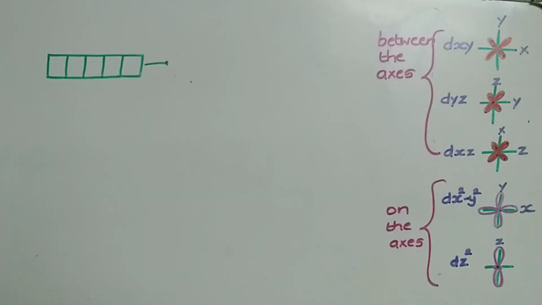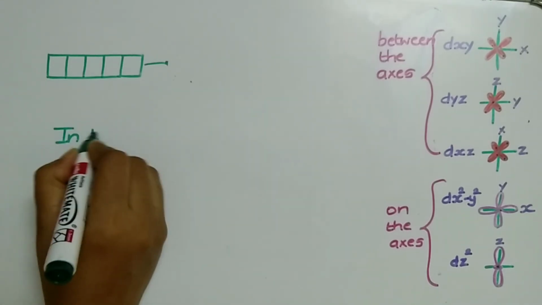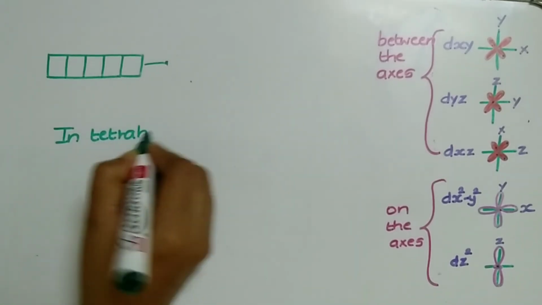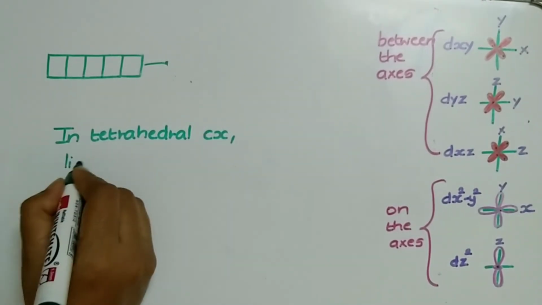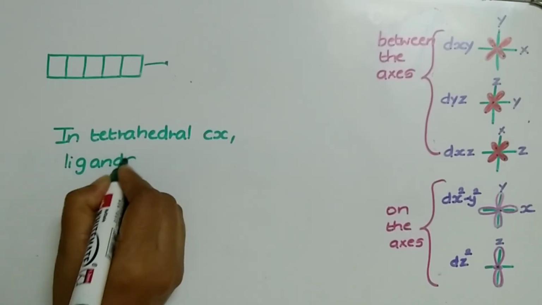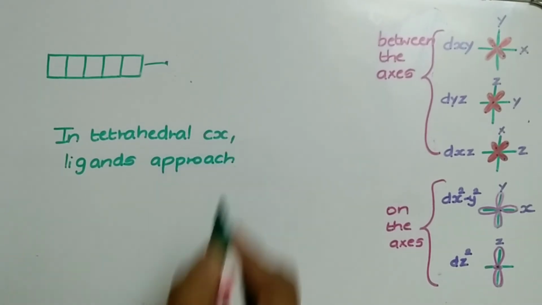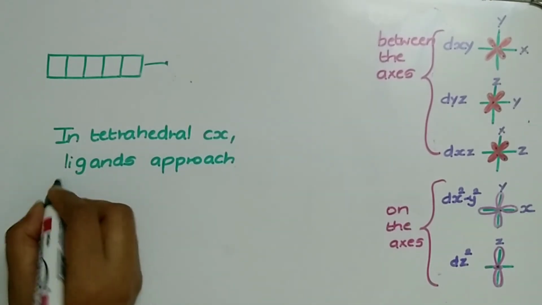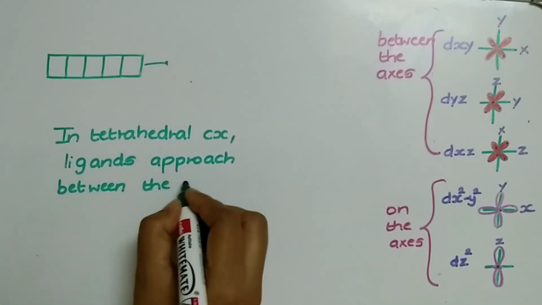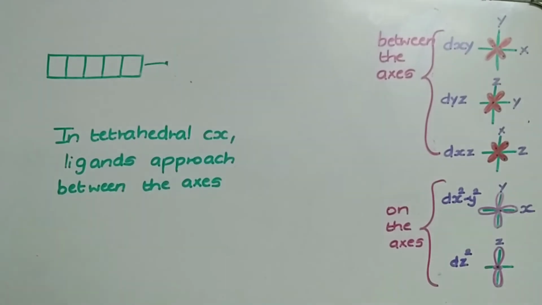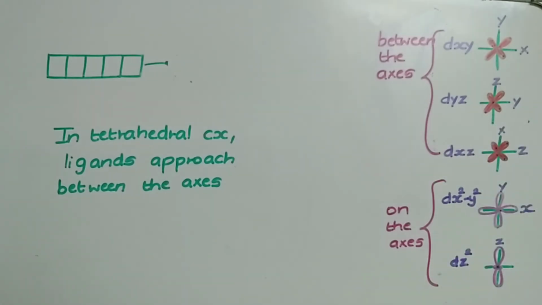Let us discuss what happens in tetrahedral complexes. In a tetrahedral complex, the ligands approach from between the axes, correct. Which orbitals are present between the axes? dxy, dyz and dxz.